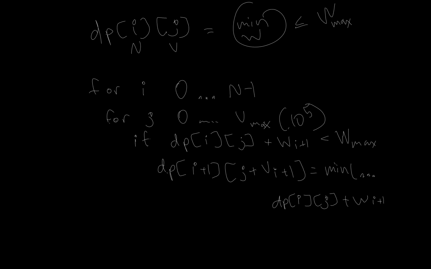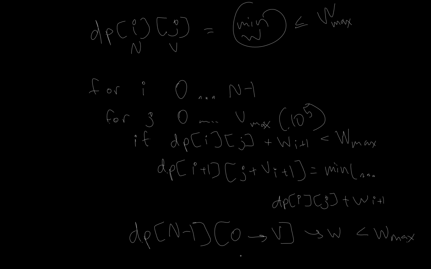And now, essentially, for dp of n minus 1, we would check from 0 to V, and we would check if this weight here is less than W max, and we'd also check if this is possible, right?